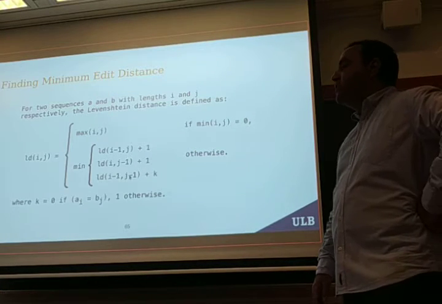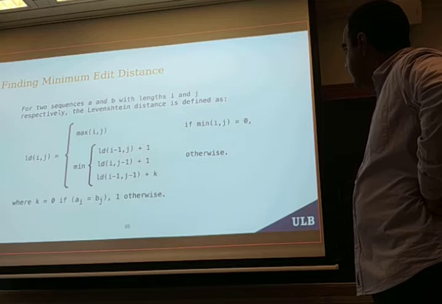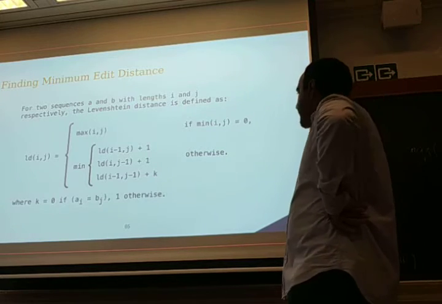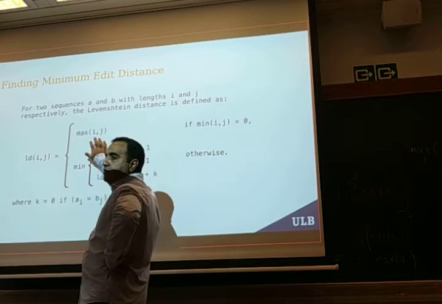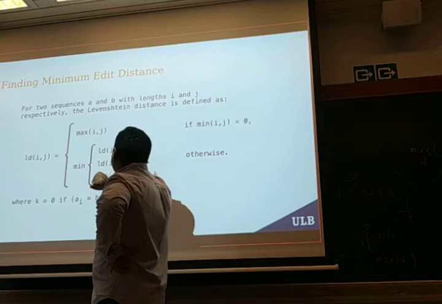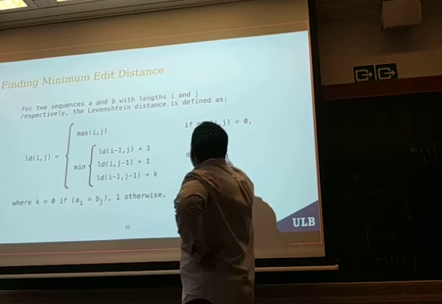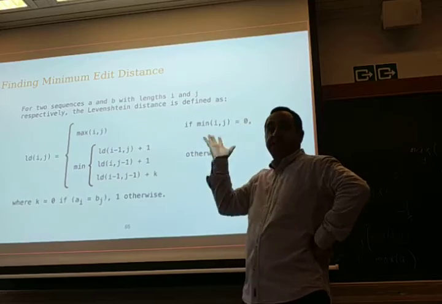The original algorithm looks like this one. Basically, it has a stop condition and a recursive part. The stop condition is when one of the two strings ends.